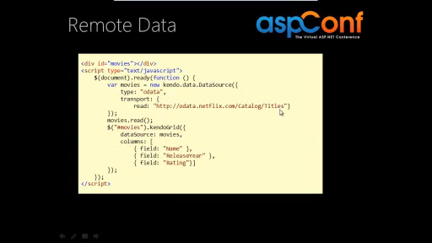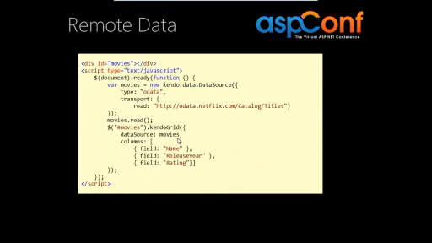If I was doing updates and deletes, I would also have an update and a delete URL. In this case, I'm only doing reads. And again, I'm calling movies.read here. And then inside the initializer of my Kendo grid, I'm assigning the data source to the movies that I've read in. So pretty straightforward for local and remote data.